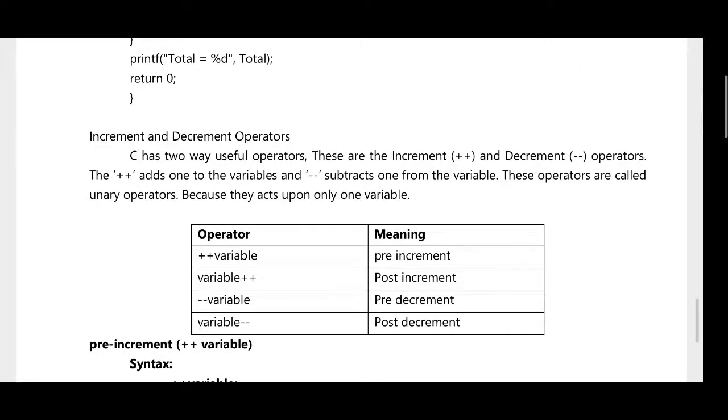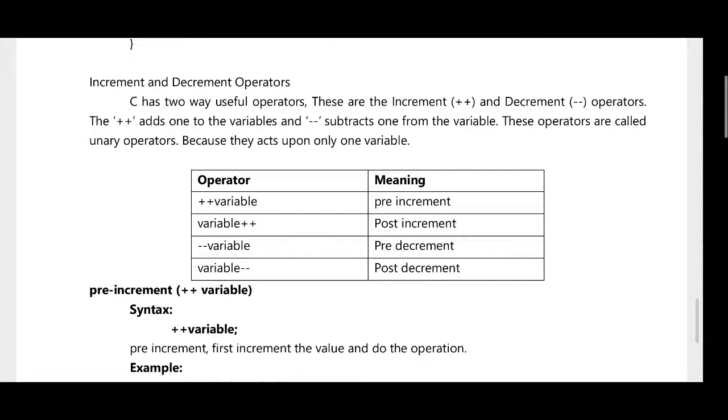Increment and decrement operators. C has two very useful operators: increment plus plus and decrement minus minus. The increment operator adds 1 to the variable and the decrement subtracts 1 from the variable.